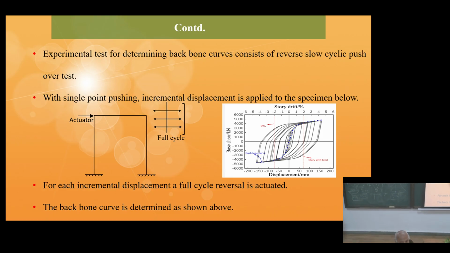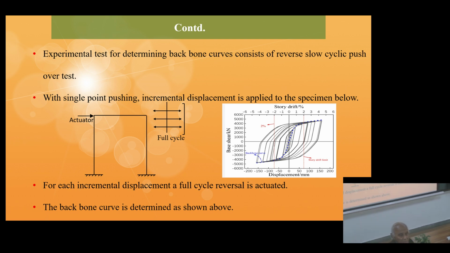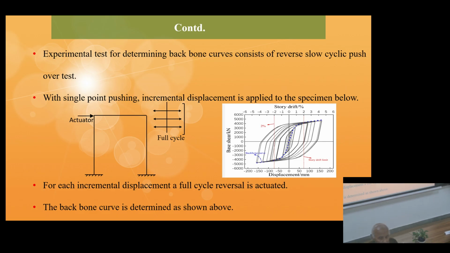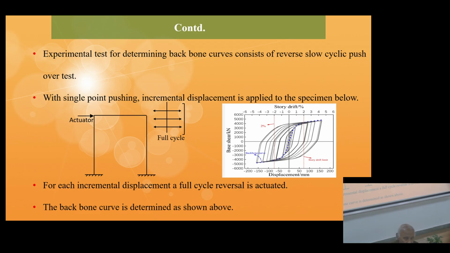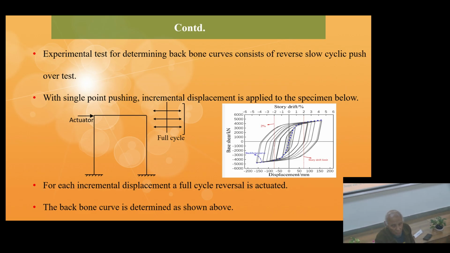Now this full cycle means, say I take a displacement increment of 0.02 centimeter. So I give 0.02 increment in a full cycle. That means I gradually go to 0.02, then come back, then again go to 0.02.